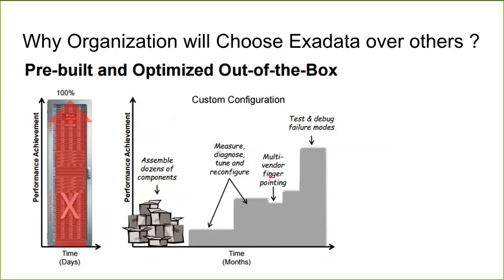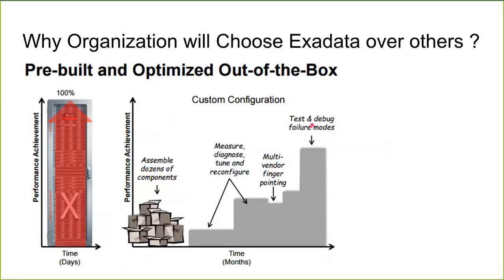Now Oracle is not going to make the customer deal with those things. It's all within Oracle. The compute, the storage, the network, everything out of the box. Inside the box is optimized.